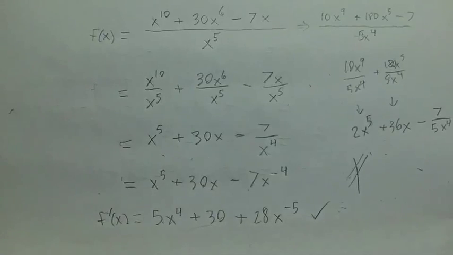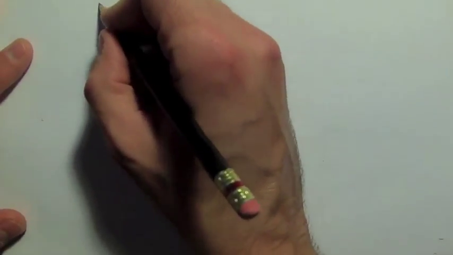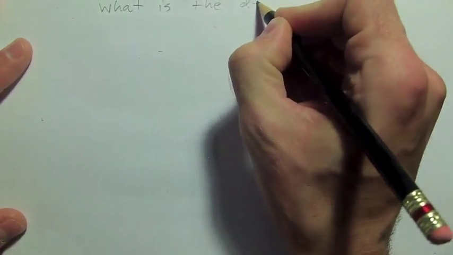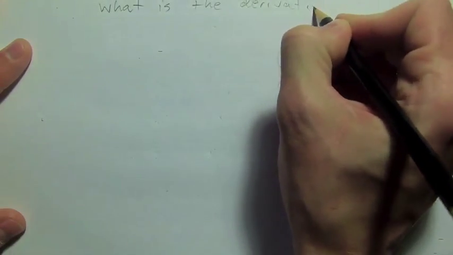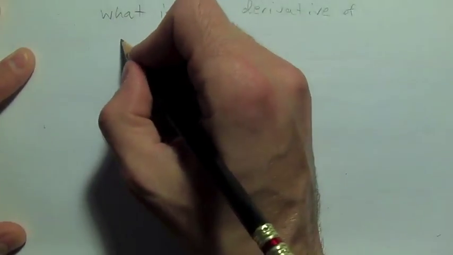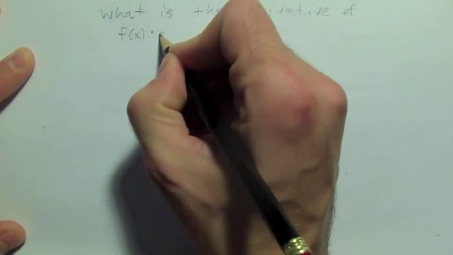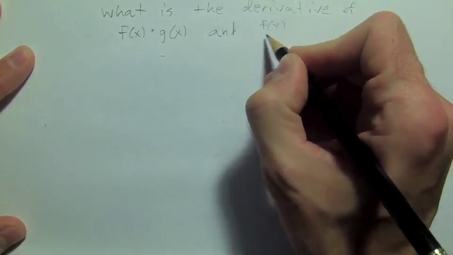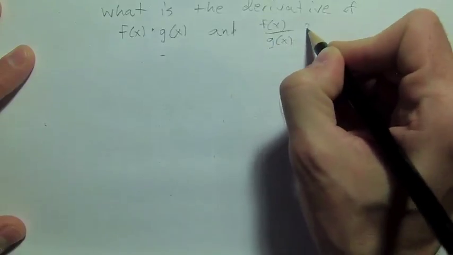One thing I want to mention right now beforehand, and we'll talk about it more in 3.3, comes from this question of what is the derivative of f of x times g of x, and f of x over g of x.